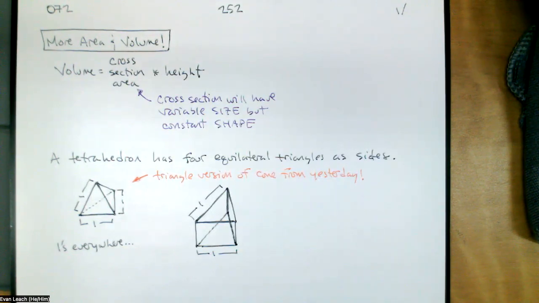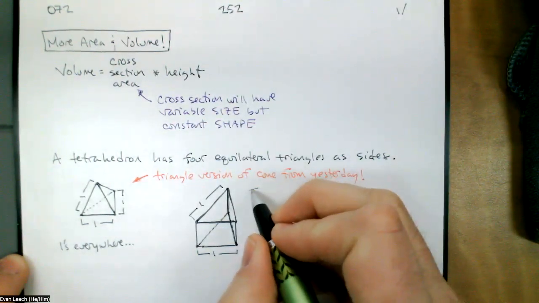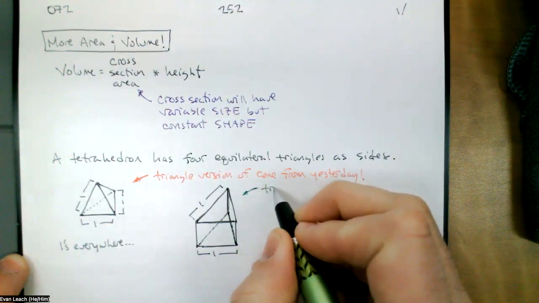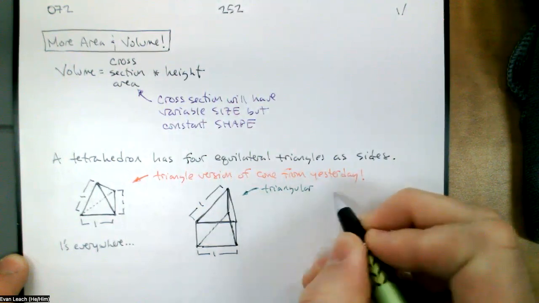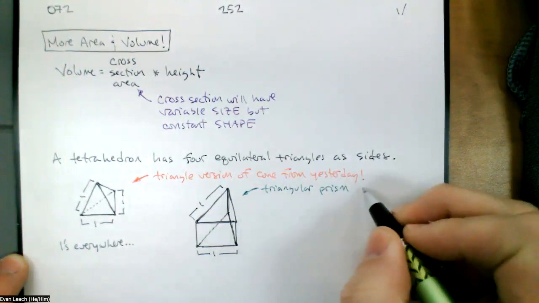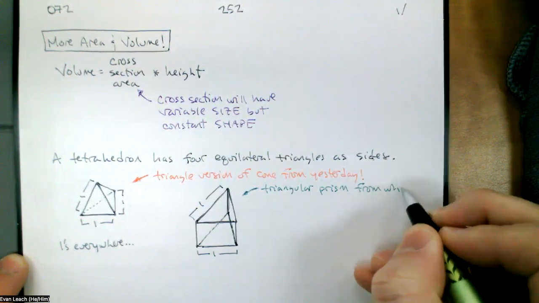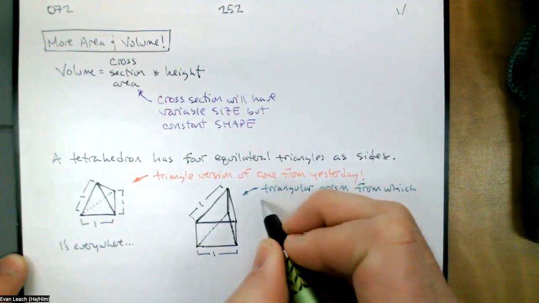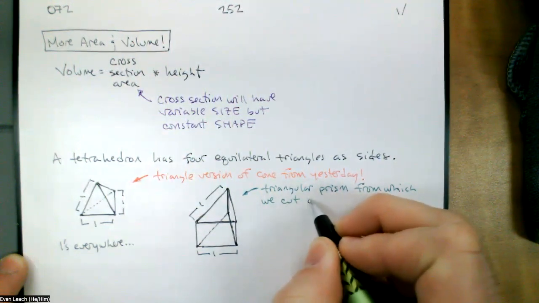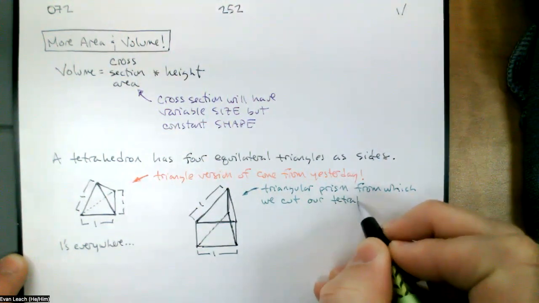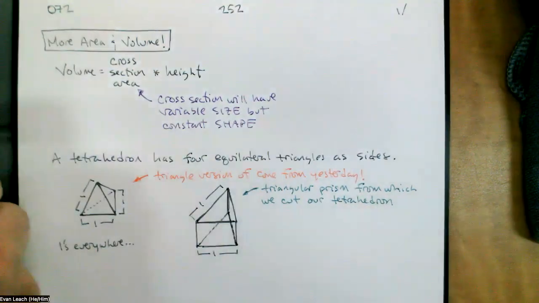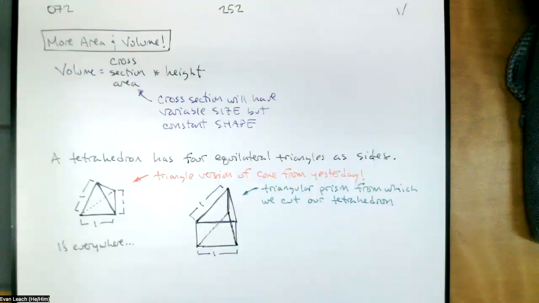So we're going to imagine cutting a tetrahedron from this triangular prism.